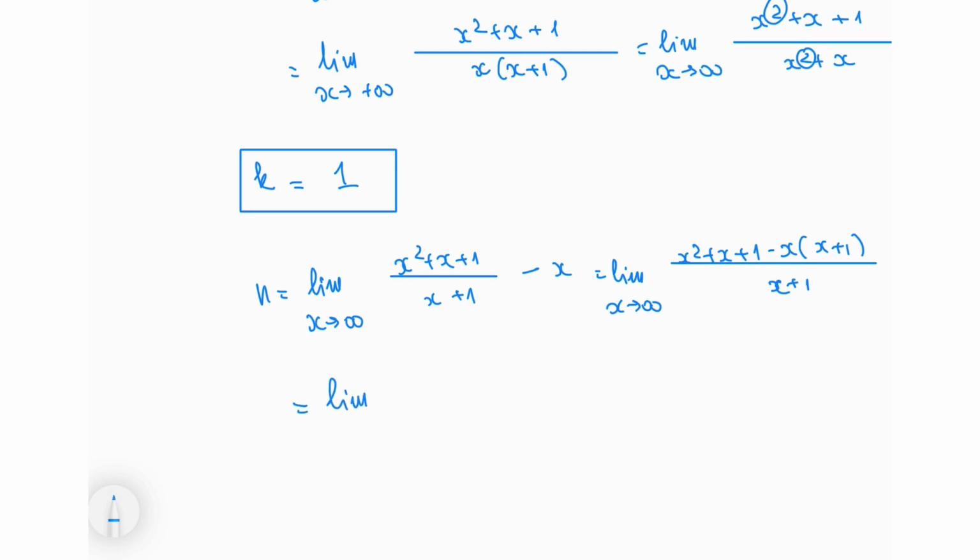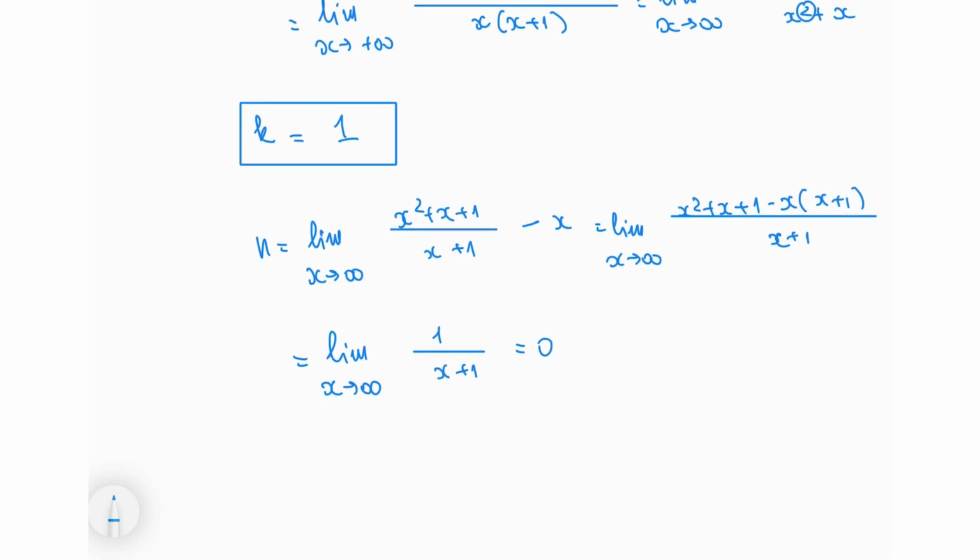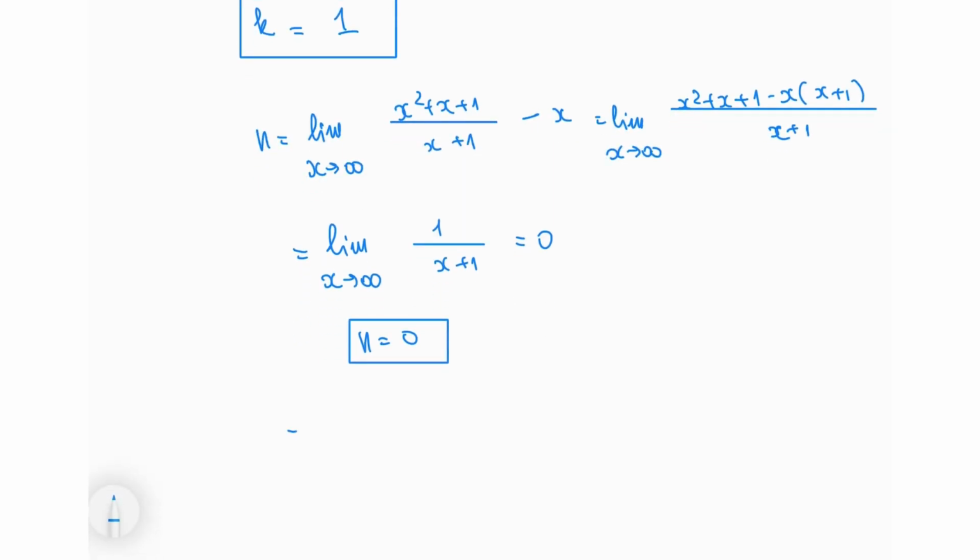That is the limit when x approaches infinity of 1 over x plus 1, which is 0. So n equals 0. Therefore, y equals x is an oblique asymptote as x goes to infinity.